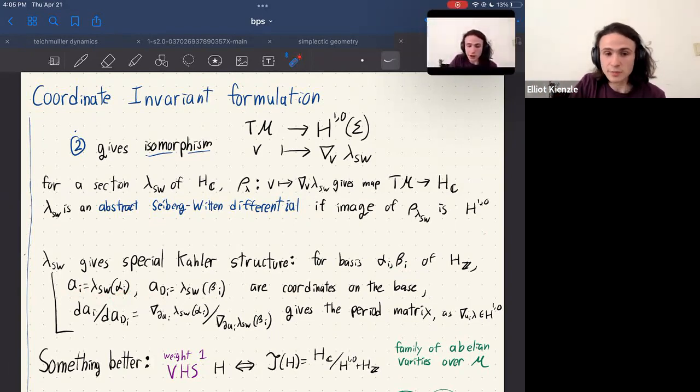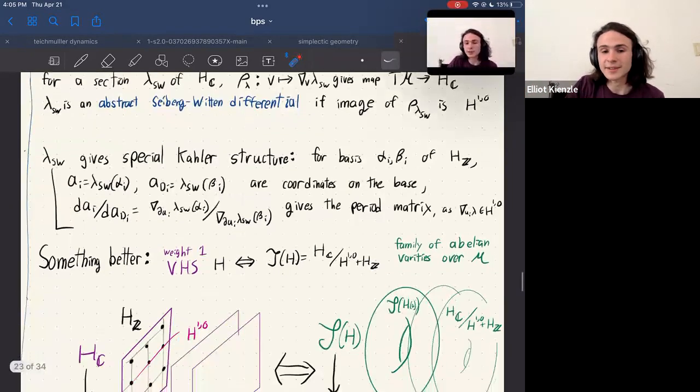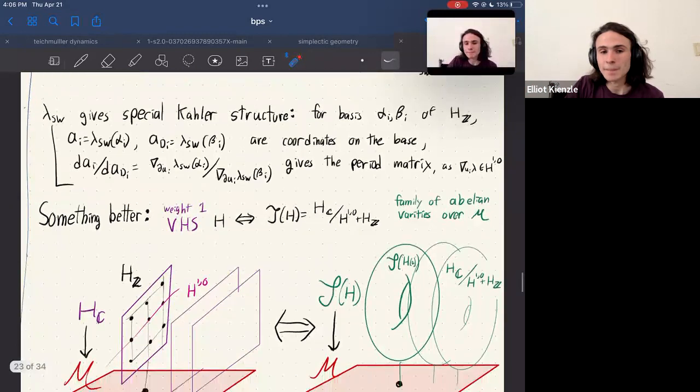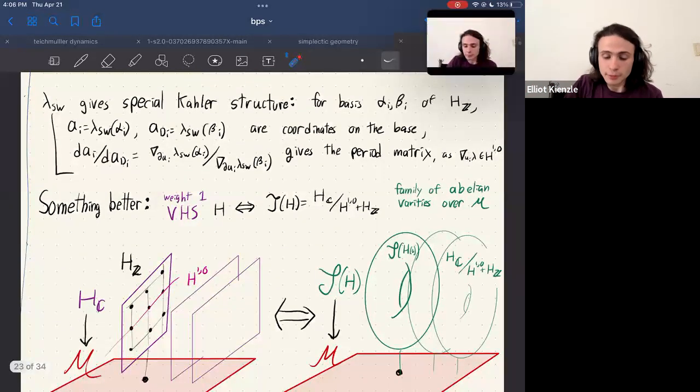This will give us our special dual coordinates, and they're going to do everything you want them to do. But there's a better way to look at this. Because remember, we have this equivalence between weight 1 Hodge structures and abelian varieties.